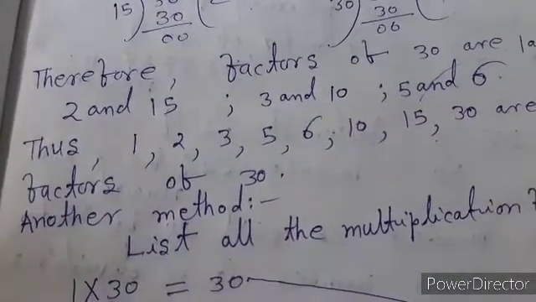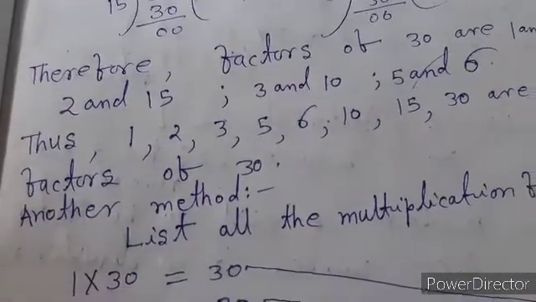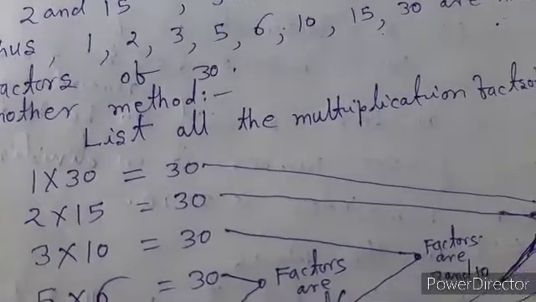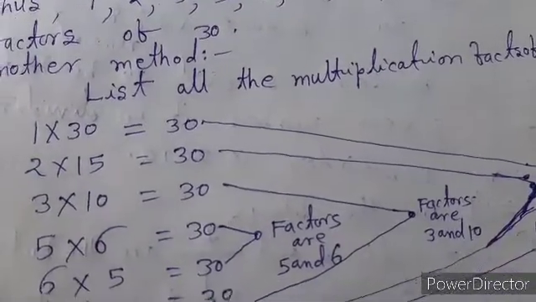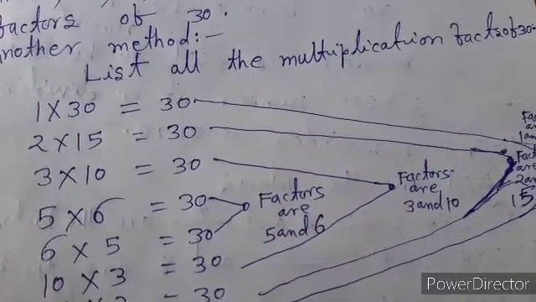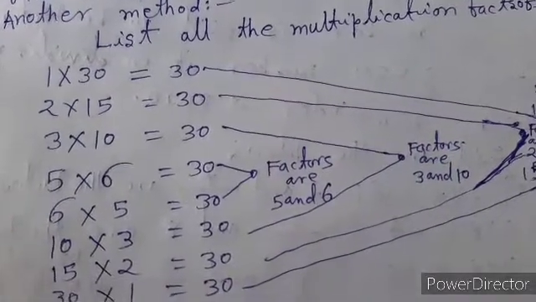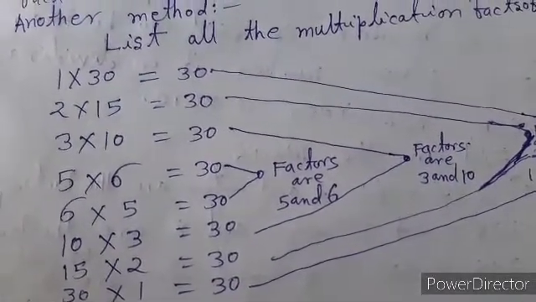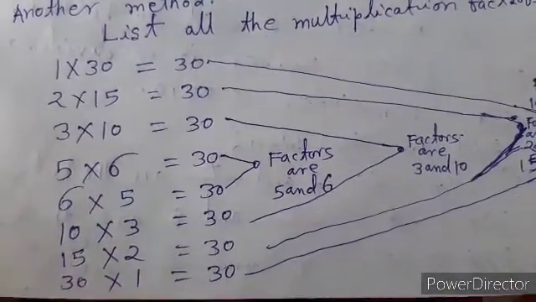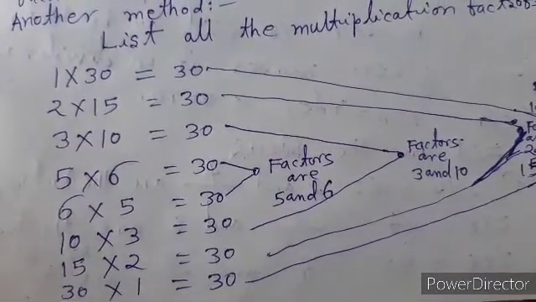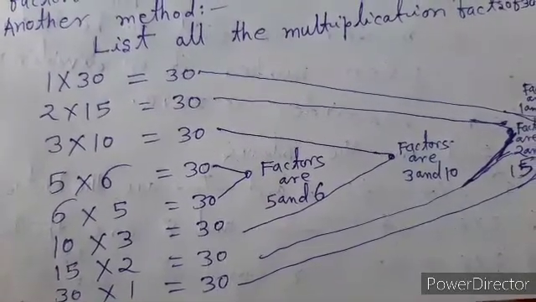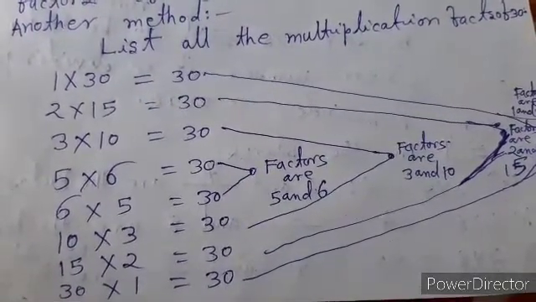There is another method also to find the factors of a given number. In this method, we make a list of all the factors of a given number as shown in the following sum. For example, 1 into 30 is equal to 30, 2 into 15 is equal to 30, 3 into 10 is equal to 30, 5 into 6 is equal to 30, 6 into 5 is equal to 30, 10 into 3 is equal to 30, 15 into 2 is equal to 30, 30 into 1 is equal to 30.